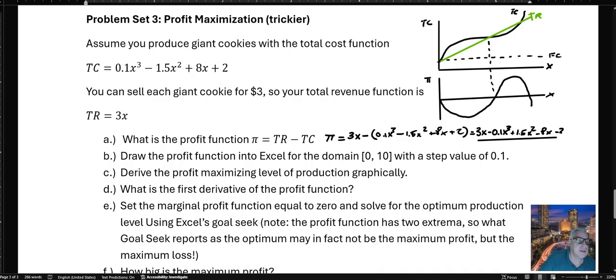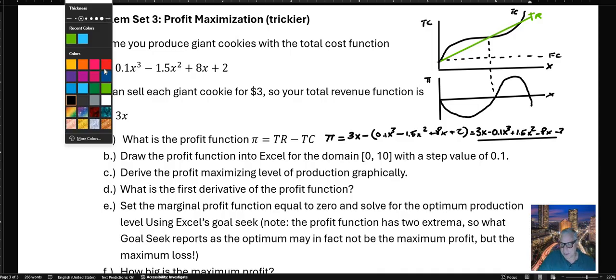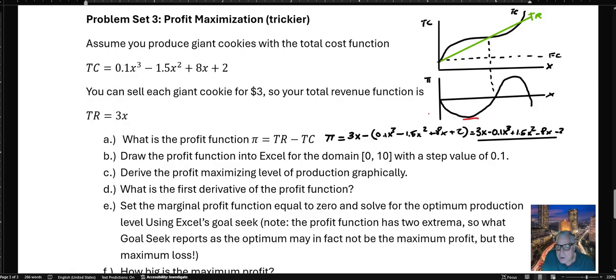Okay, so but now we can see that there are two situations where the slope of the profit function is 0, so that's a minimum, and there is the maximum.